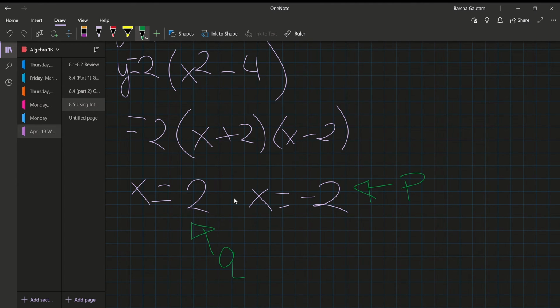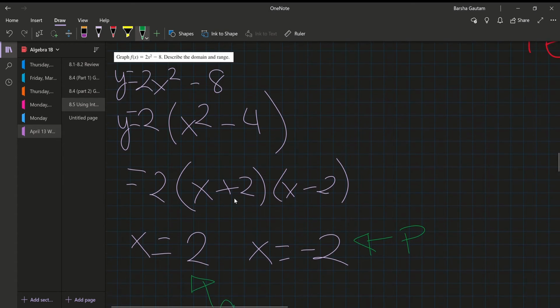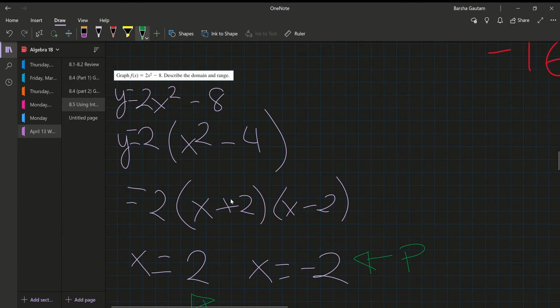And with this information, we can figure out what our axis of symmetry is now. So let's go ahead. x equals p plus q divided by 2. p is equal to negative 2, and q is equal to positive 2, divided by 2. Negative 2 plus 2 is what? It's 0. 0 over 2.